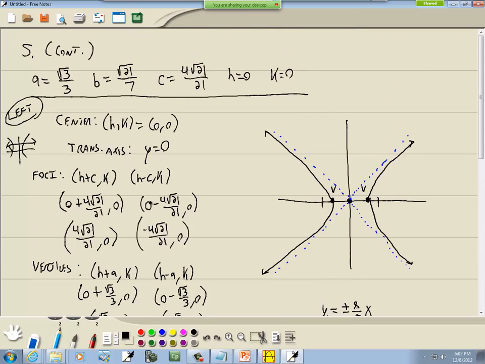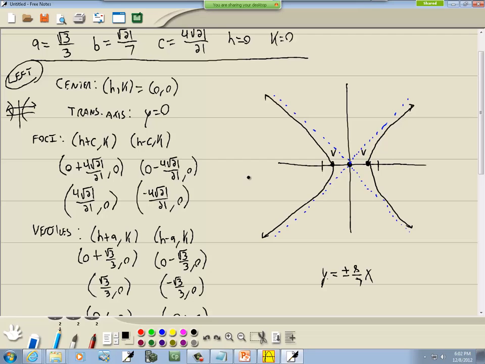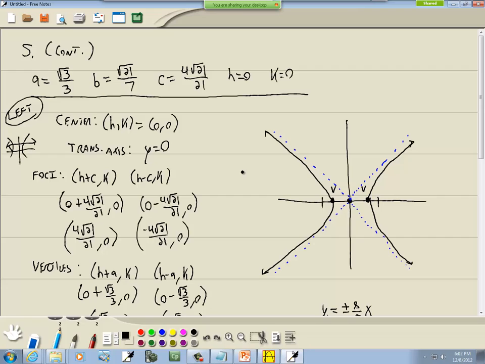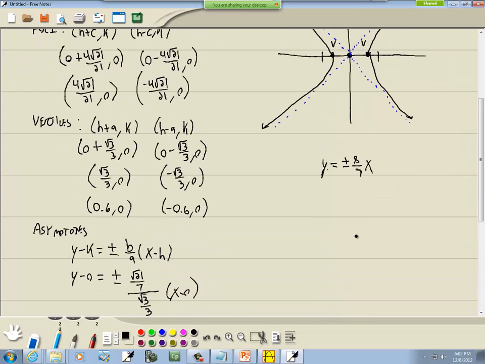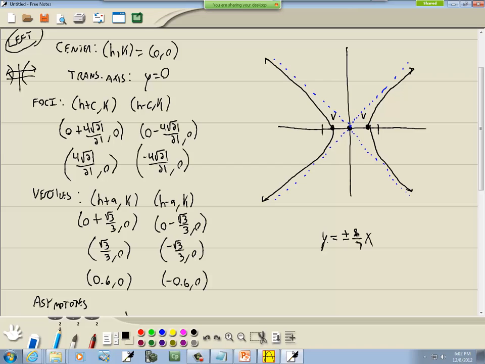Well, let's look at our original problem. Actually, let me double check myself here. Okay. Actually, I already double checked it. Never mind. Rotate that 45 degrees. That's almost going to look like the other one, won't it?